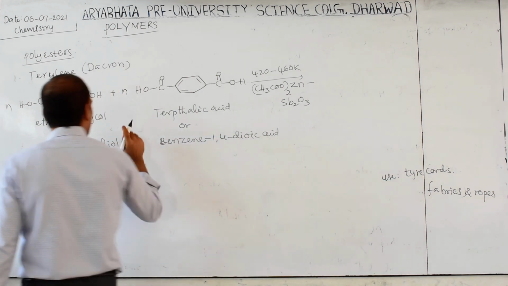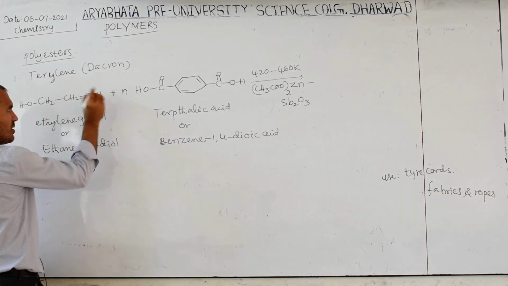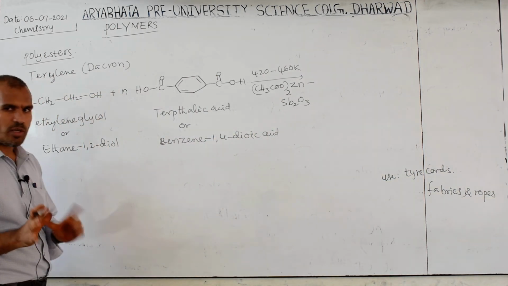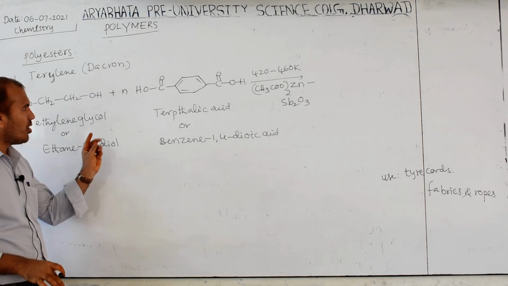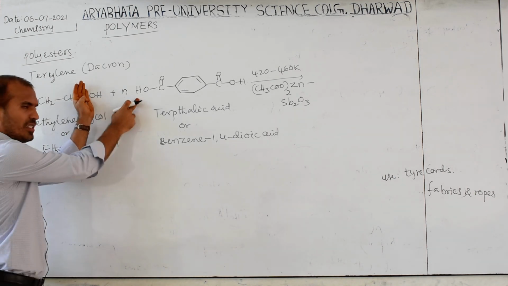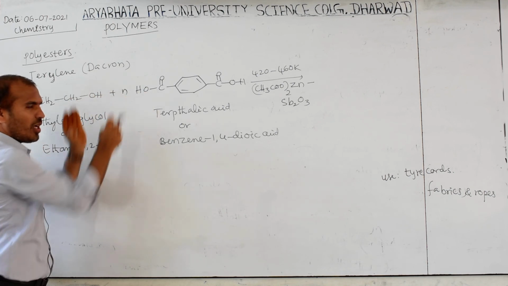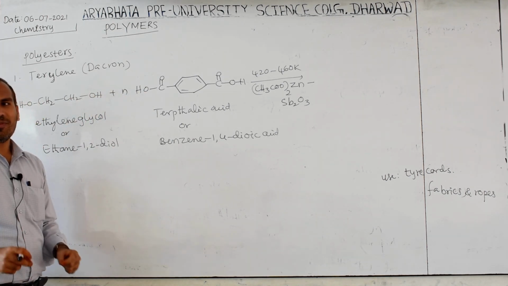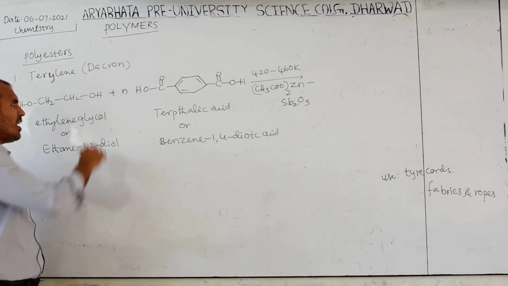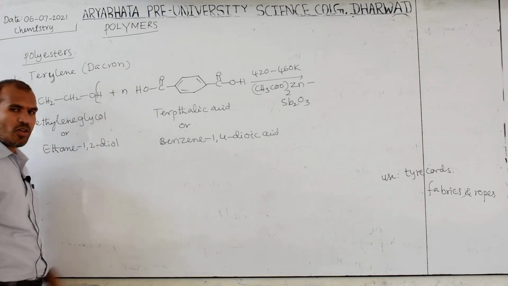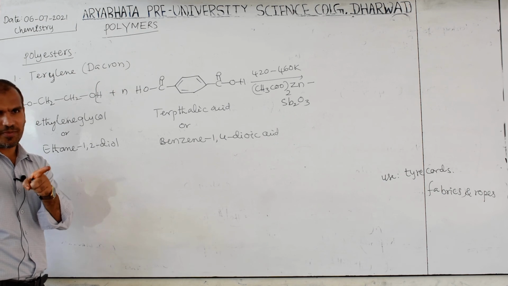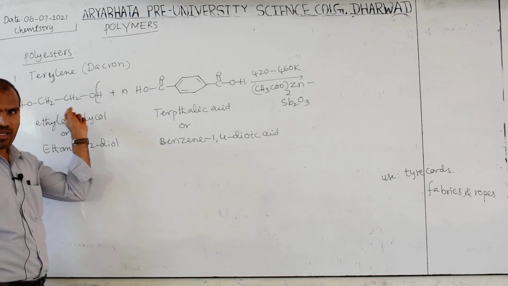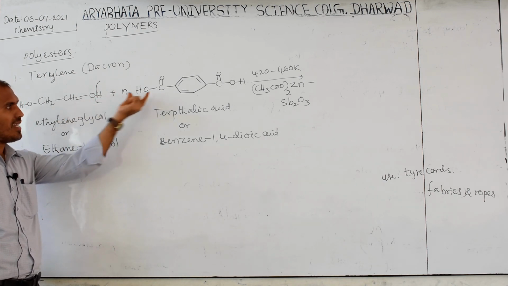Carefully observe. Here you may be thinking that a water molecule is lost, meaning OH from here and H from there, or H here and OH there. That is a confusion for students. But in organic chemistry, in alcohol only H is lost, not OH. That is very important. The OH part is alcohol, this is the acid part.